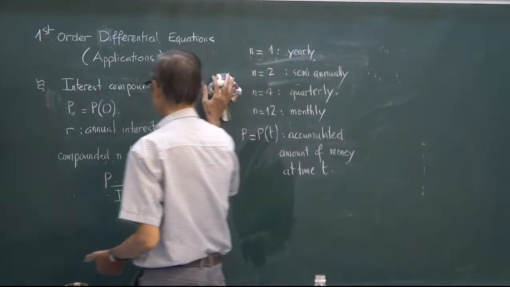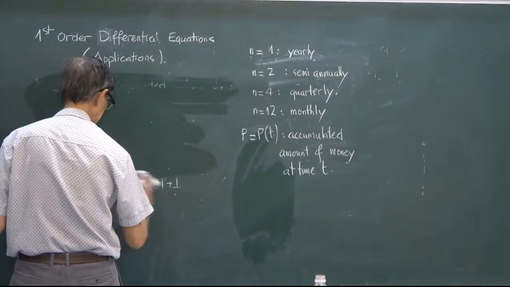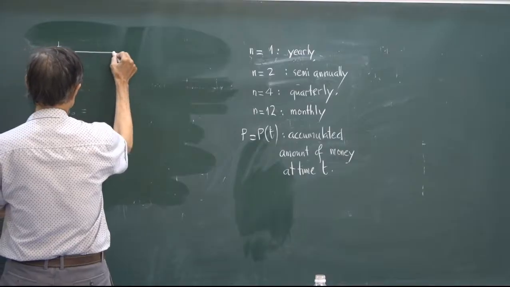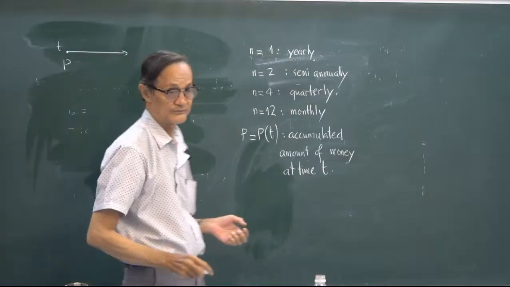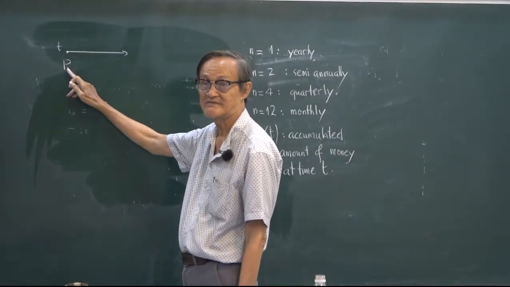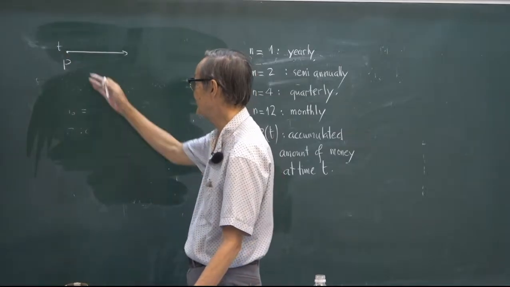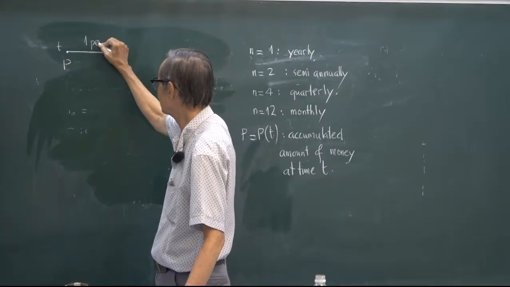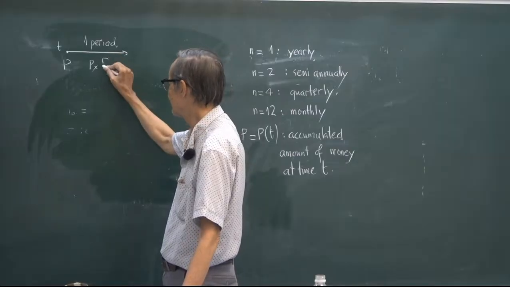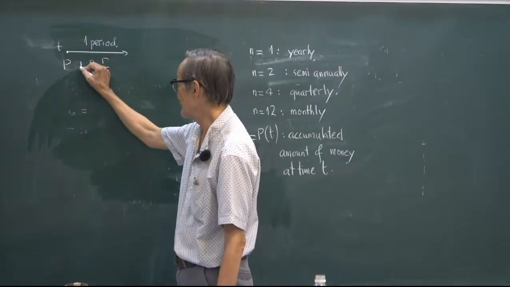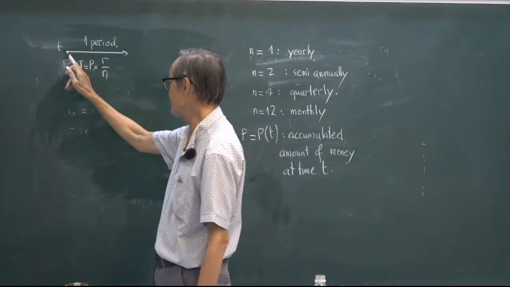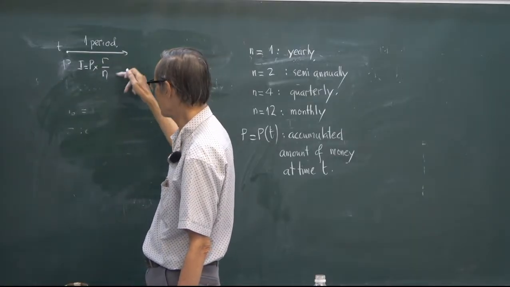Now, at the beginning of this period, the principal is P at time t, and interest for 1 period is P times R over N, principal at the beginning of this period times interest for 1 period.